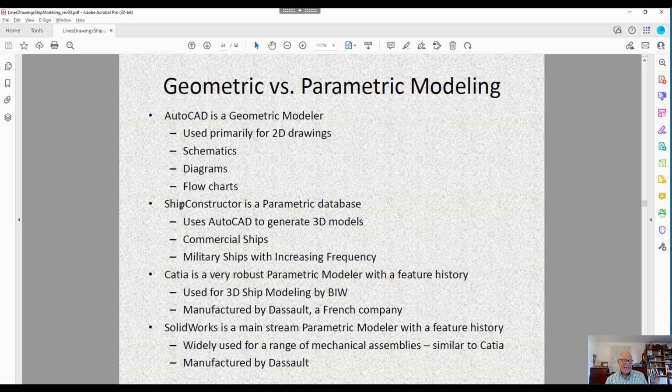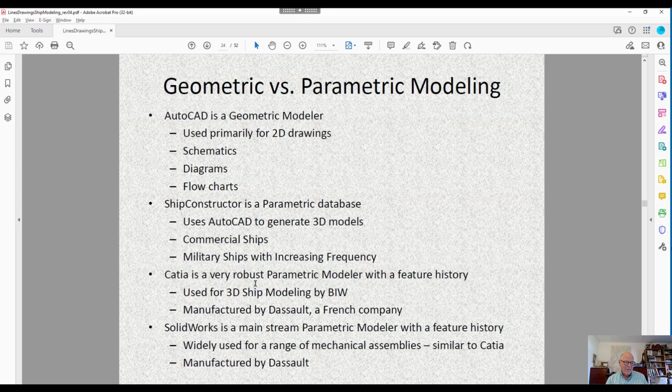But again, it's primarily in the past been used for commercial ships, and we're going to see an example of that in a few minutes. But military ships are being designed by Ship Constructor more often, and it's quite possible at some point that the military will simply require shipyards to use it.